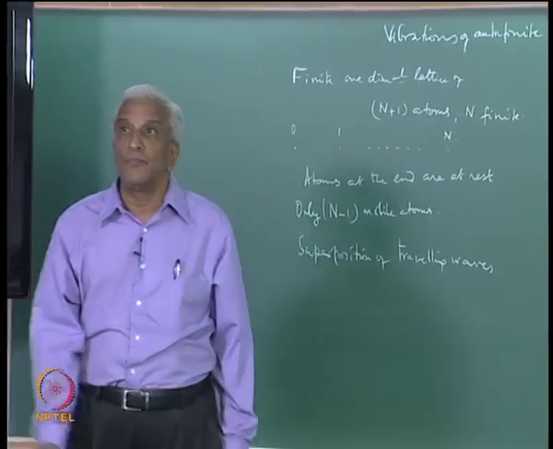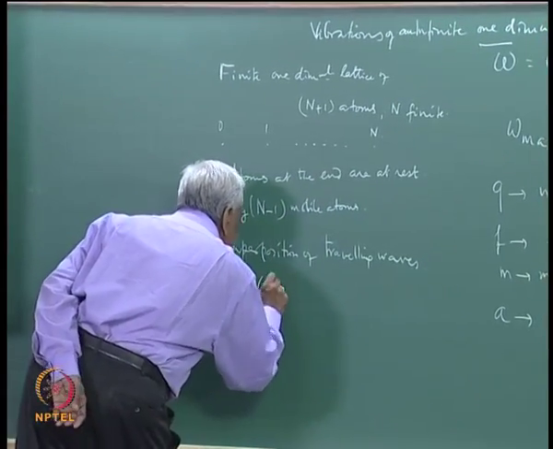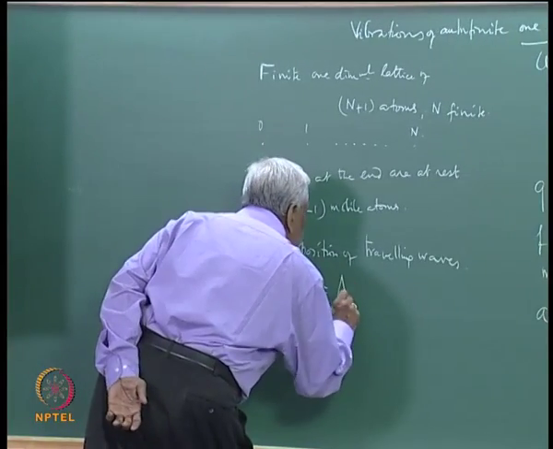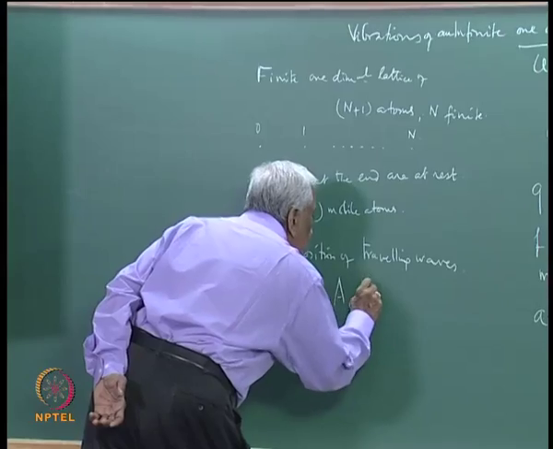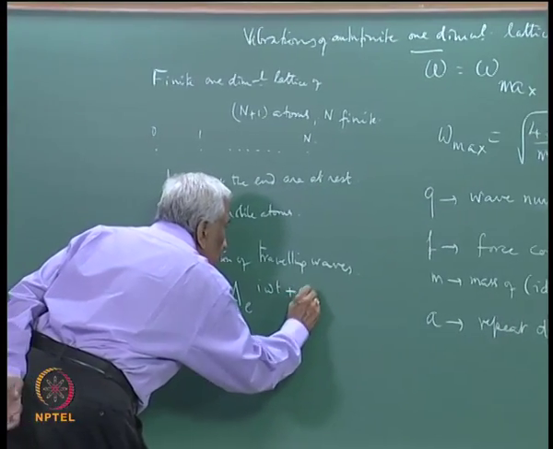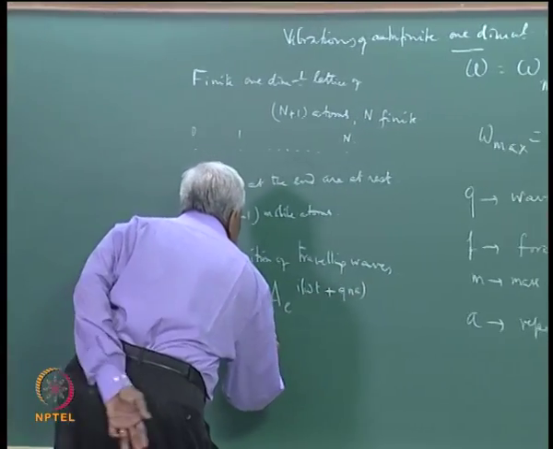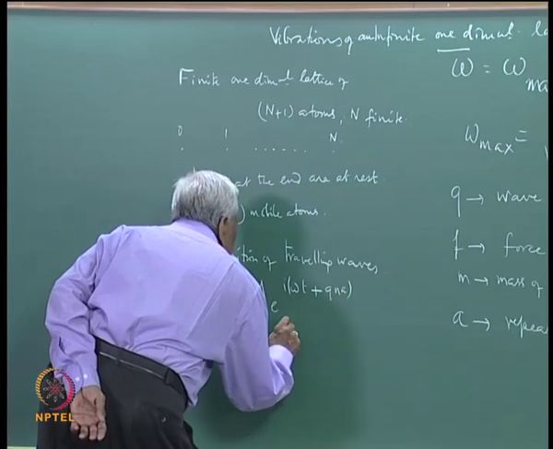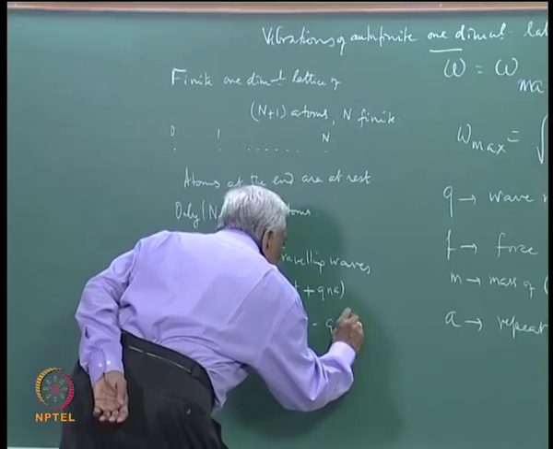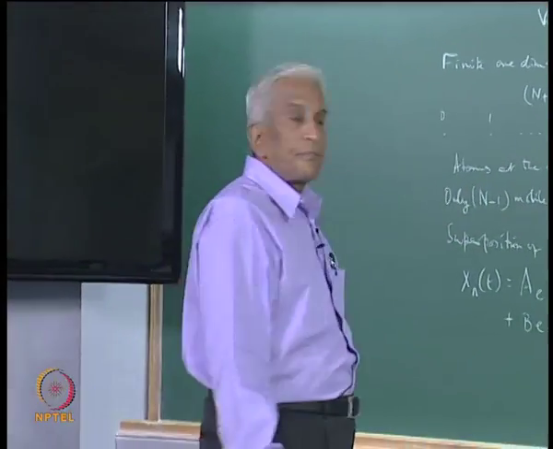In general, we take for example x n of t, the displacement of the nth atom, to be a e to the power i(omega t plus q n a) plus b e to the power i(omega t minus q n a), where n is the nth atom.